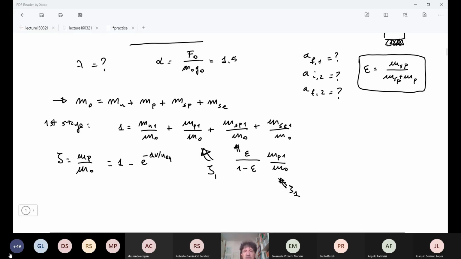And finally, we have this, let's say, new term, which is related to the mass of the engine. So here we have the number of engines times the mass of the engine, which will be our MSE. And then we have to evaluate this MSE over M0.